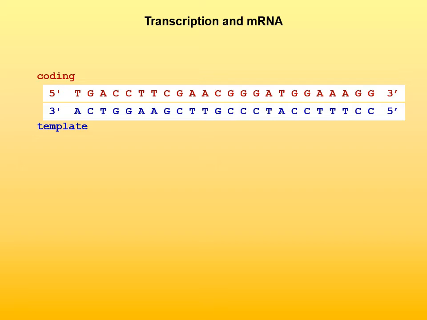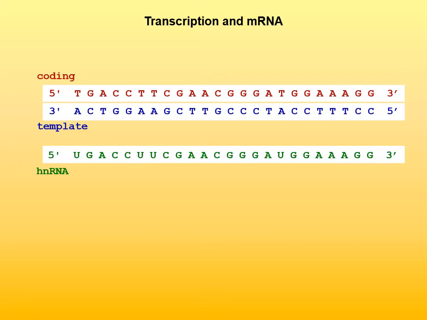And that's actually what happens in prokaryotes. In eukaryotes, direct copy is heterogeneous nuclear RNA or hnRNA. So that's direct copy. Copy occurs in 5' to 3' direction, complementary to the template strand.